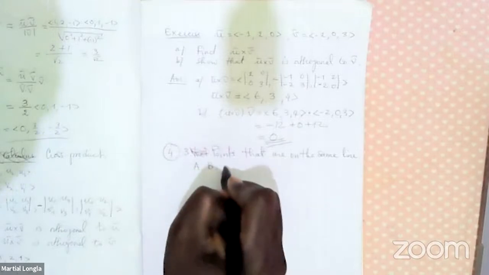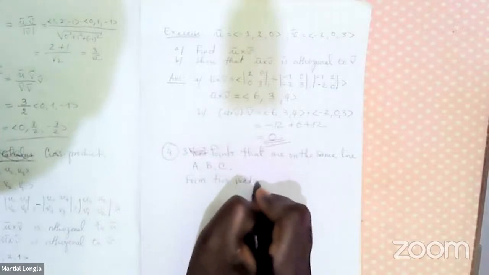if you have A, B, C as points, and you want to check if these 3 points are on the same line, what you need to do is form 2 vectors, AB and AC, for example.